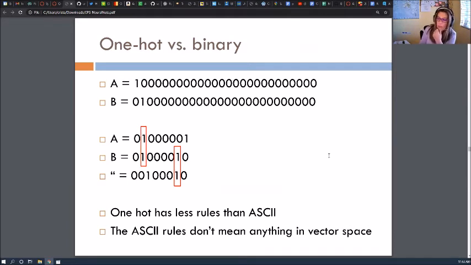Now the computer scientist in me wanted to explore what would happen on the other extreme, binary. Binary encoding is something we use to represent text characters, for example with ASCII representation, which is a 7-bit or 8-bit binary representation. So the A is something like this, the B is something like this, and so on.